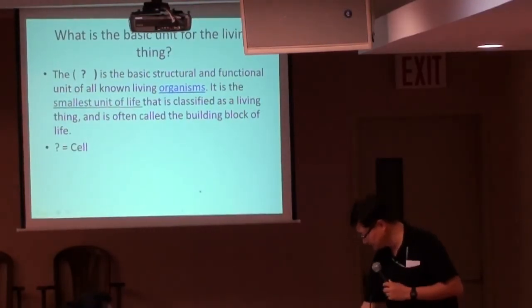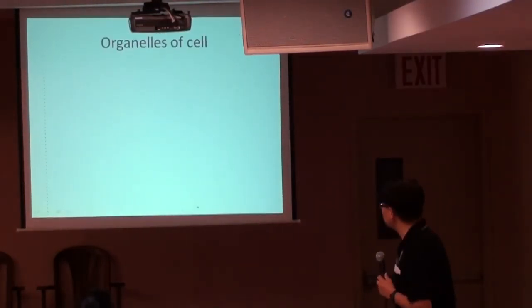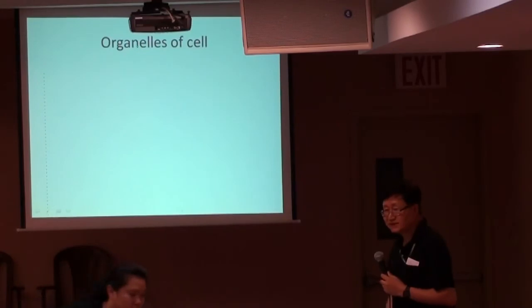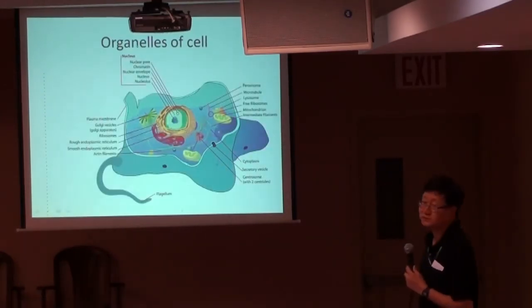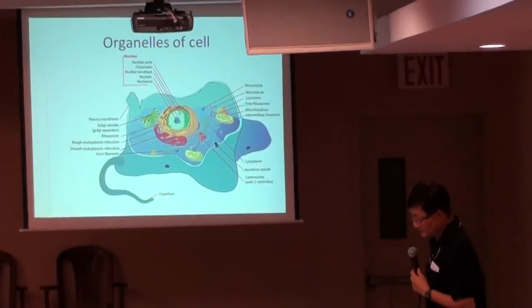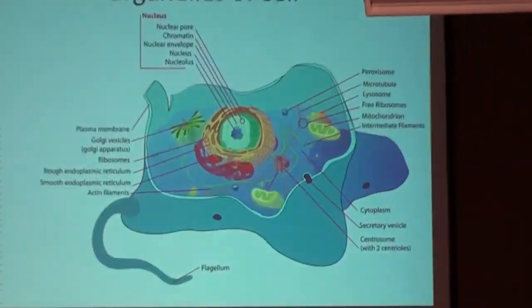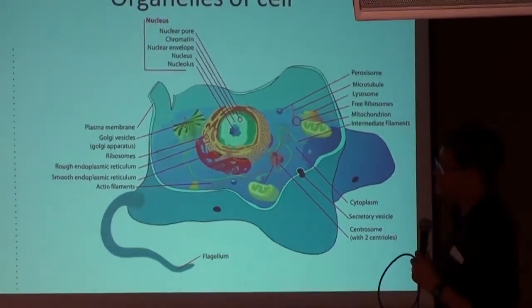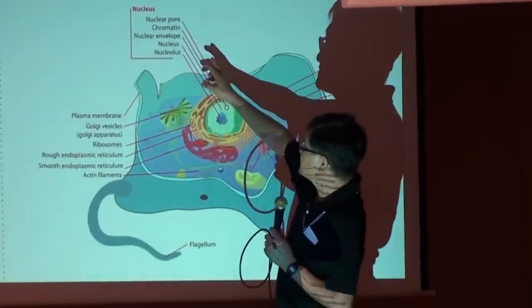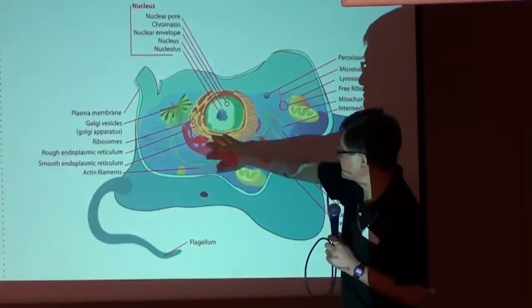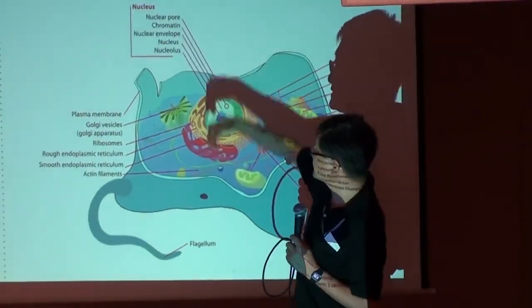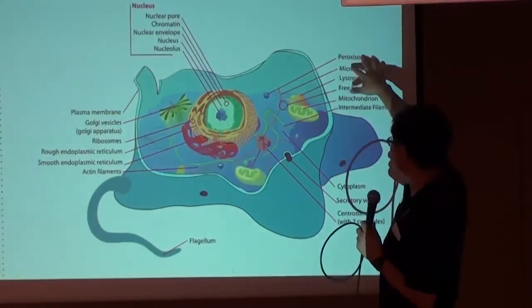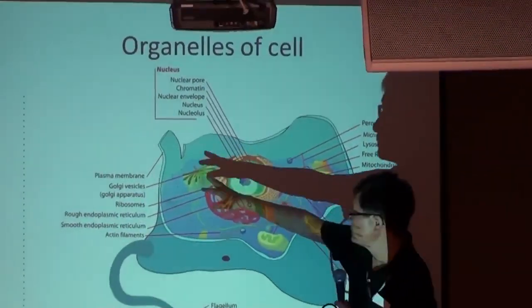So as a cell, the organelles of the cell, and this is a picture of cells. Here you can see many different components in the cell, and this part is the nucleus. Inside there are many different things, and outside there are so many different components.